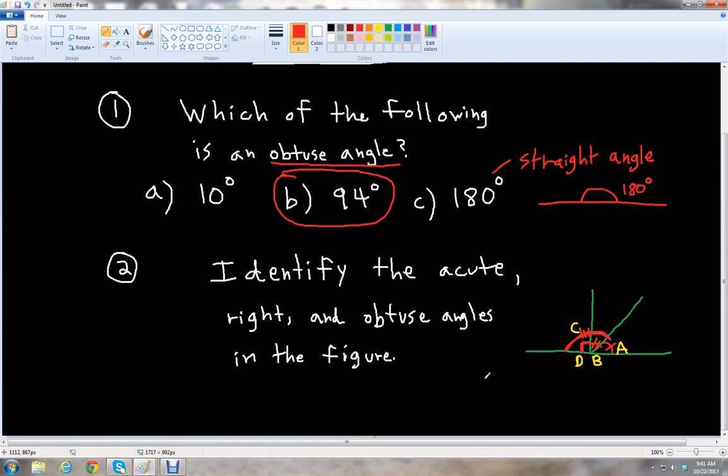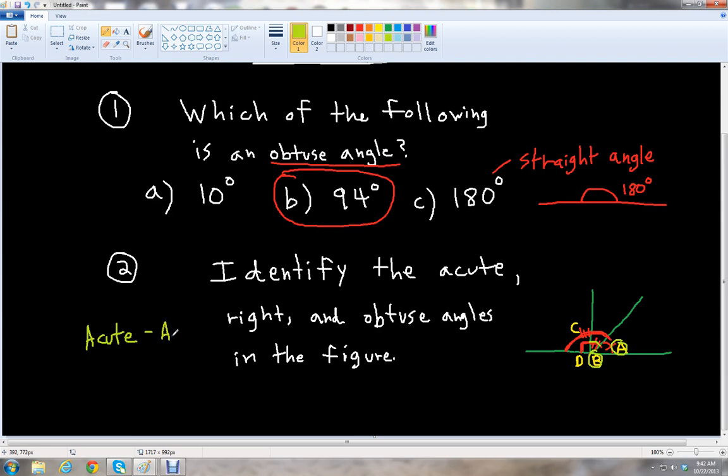Okay, so in problem 2, we identify the acute, right, and obtuse angles in the figure. So let's look at the acute. So the acute angles would be, looks like this one's less than 90, angle A, and then this one for B is also less than 90 degrees.